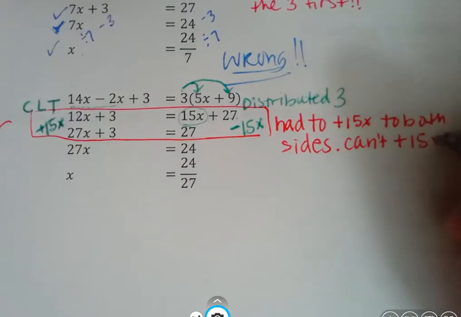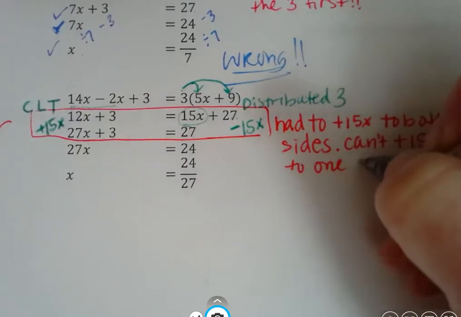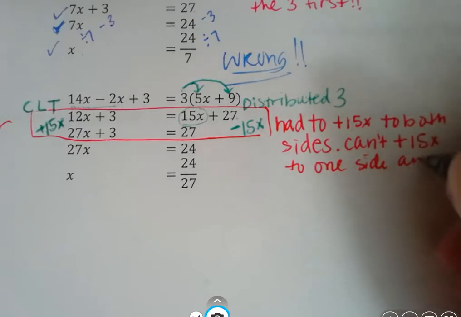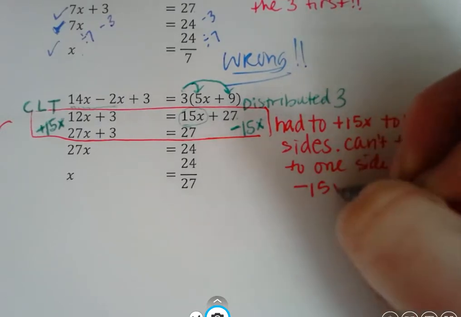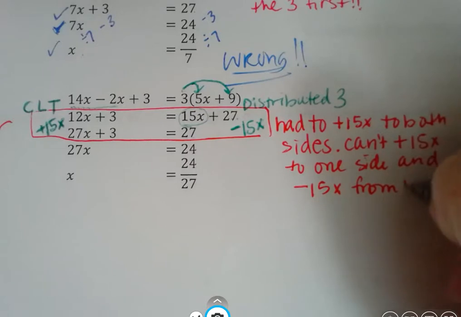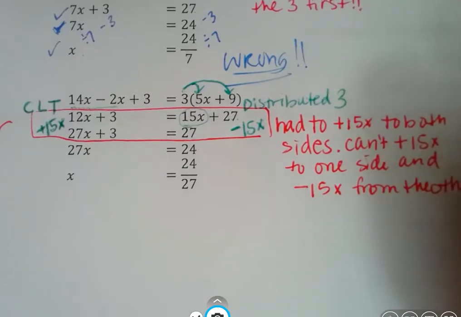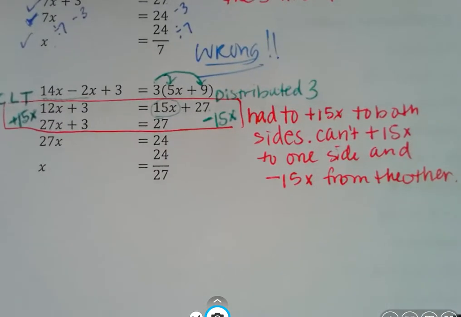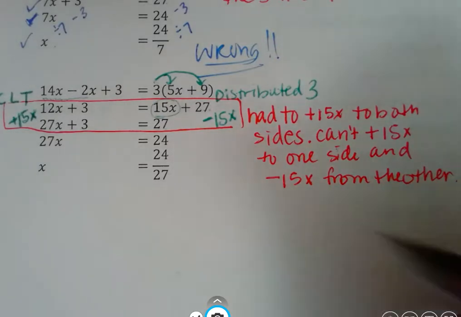Can't add 15x to one side and subtract 15x from the other. You have to do the same thing on both sides.